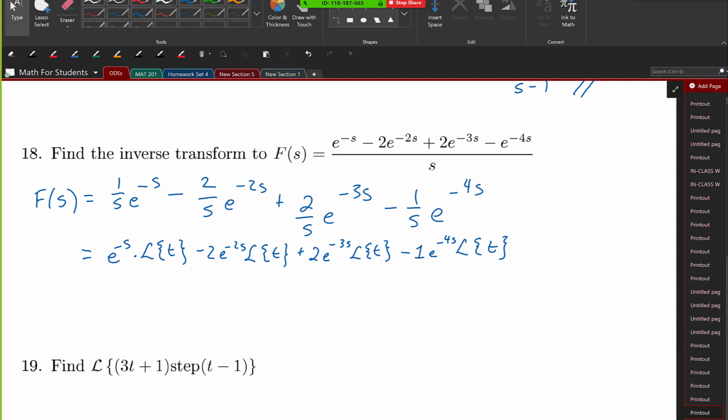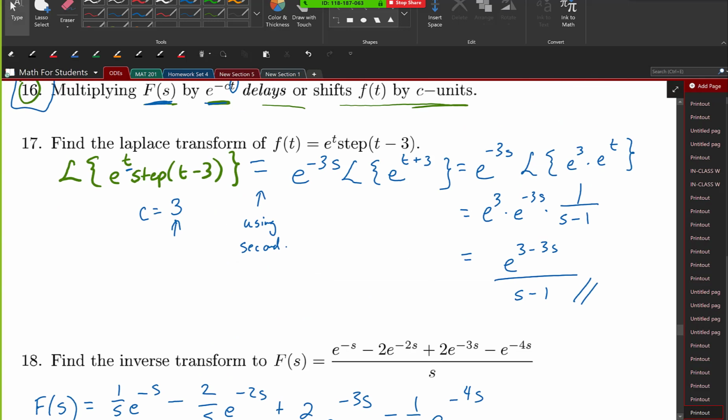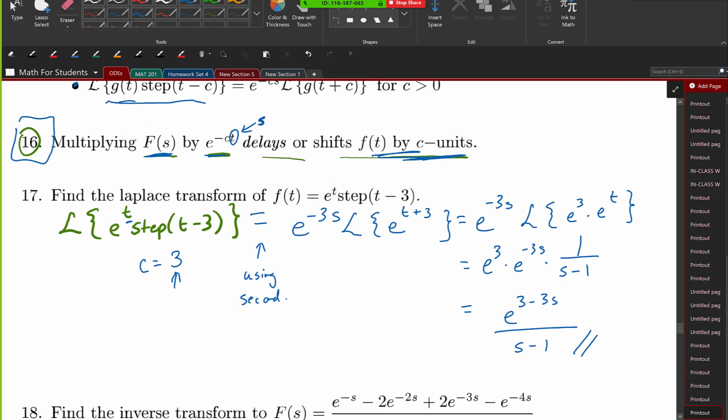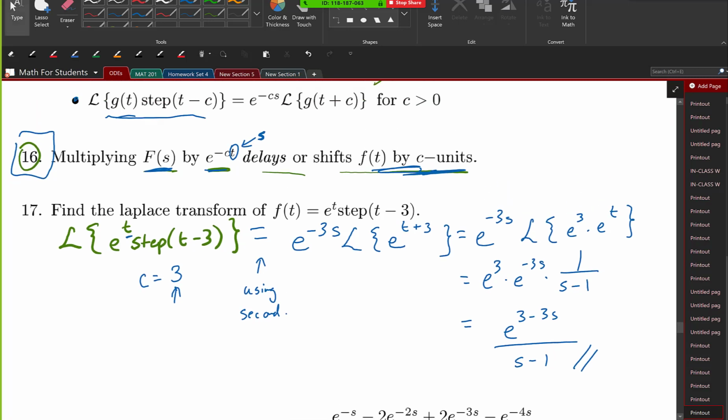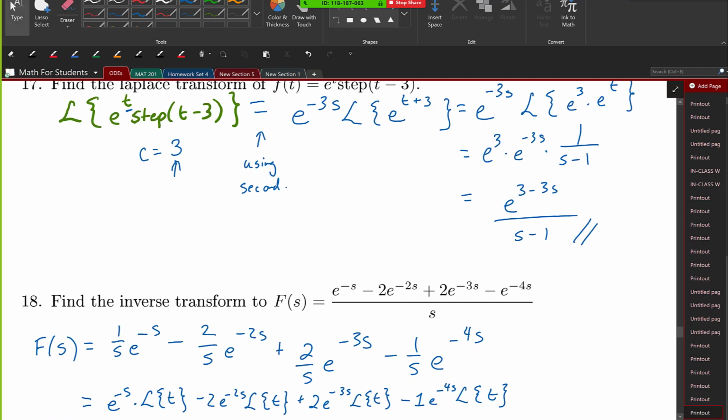So then, really, this is the original function f of t, but we're going to delay it c units. How do you delay something c units? You shift it by c, but then you also have to introduce the step function, shifting it by c.